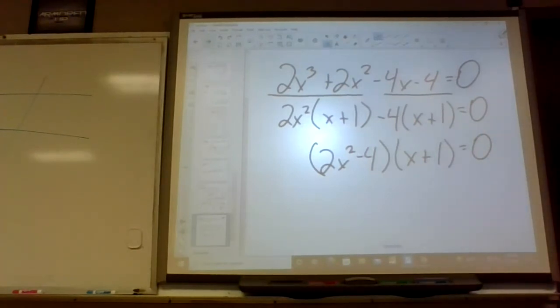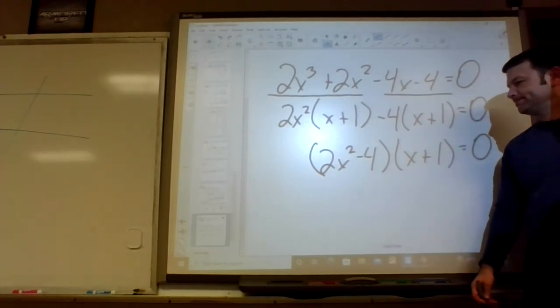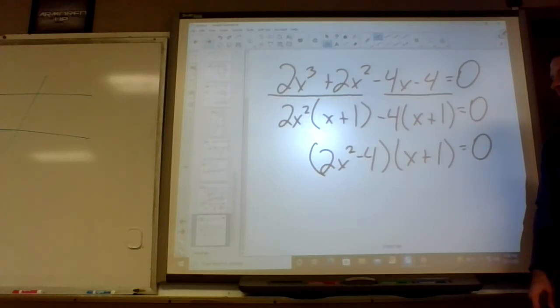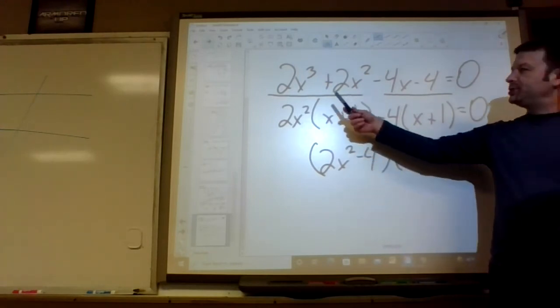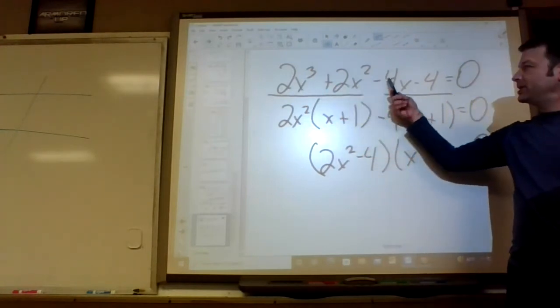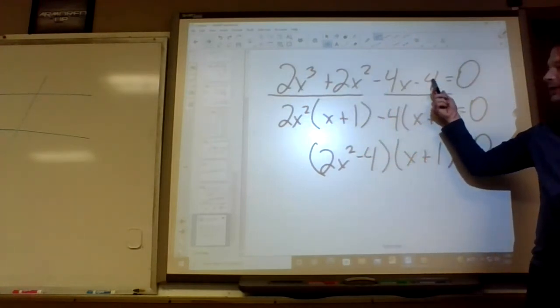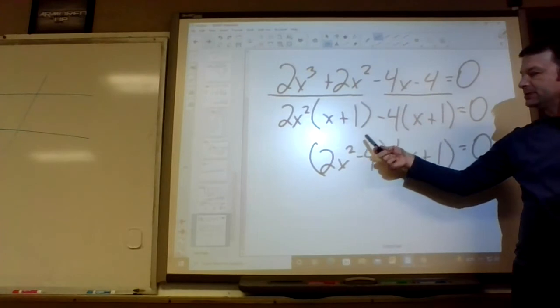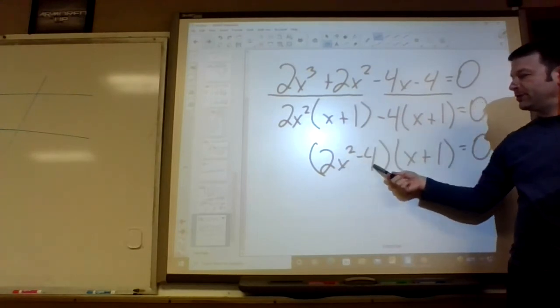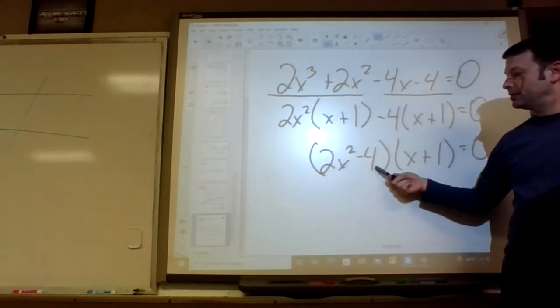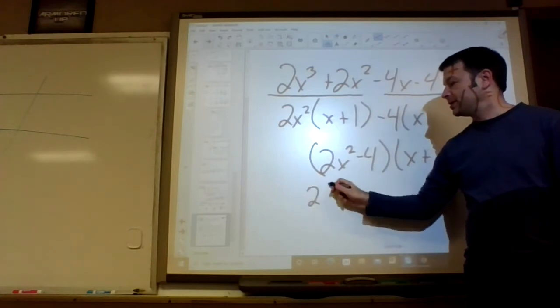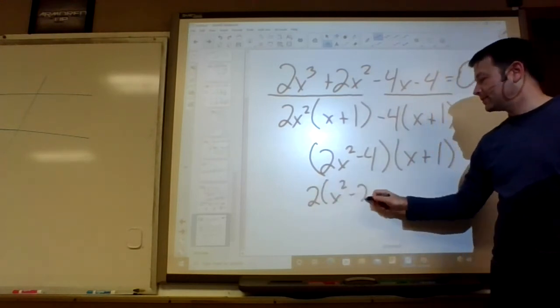Kind of like reverse engineering a distributive problem. We probably should have divided everything by 2 at the beginning. That would have made our problem a little bit easier. We could take a 2 out right now, though.